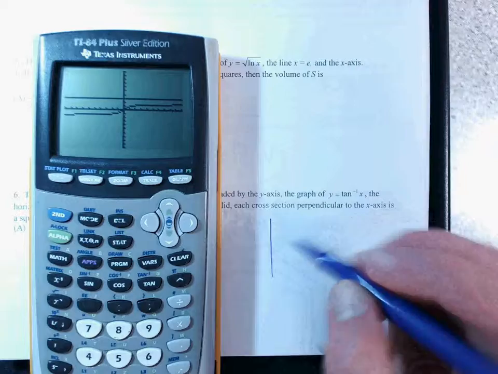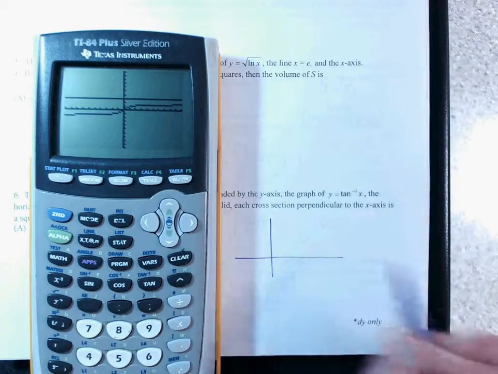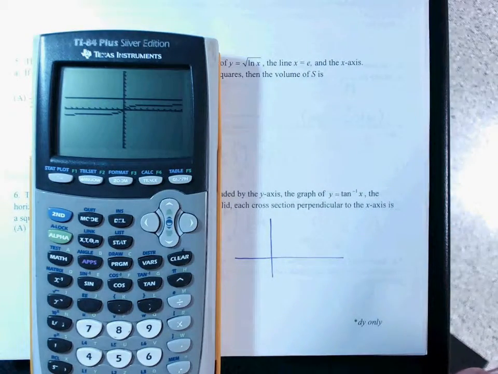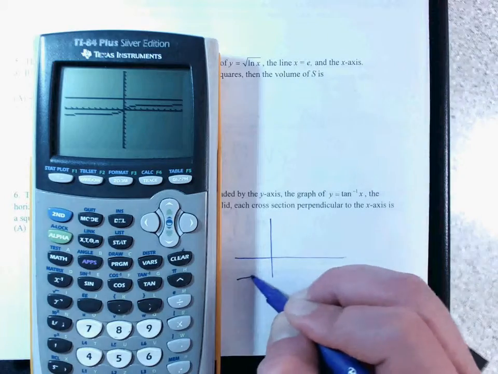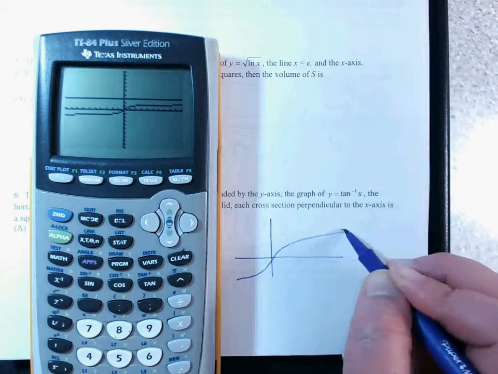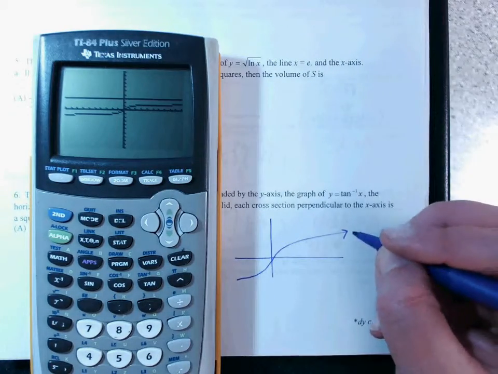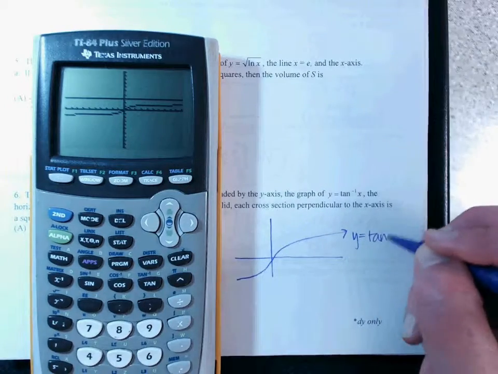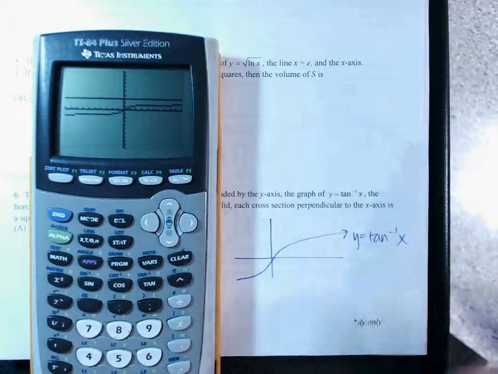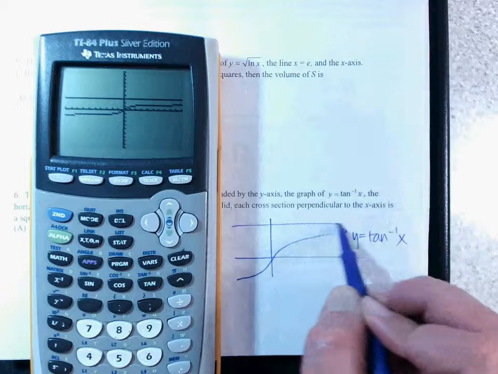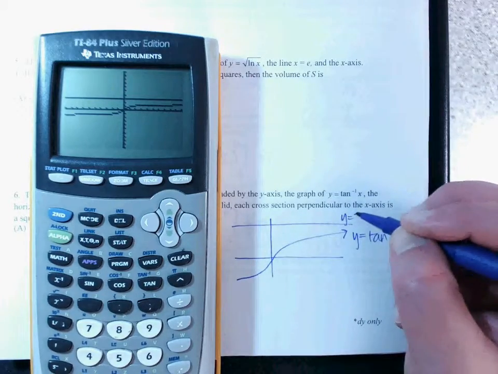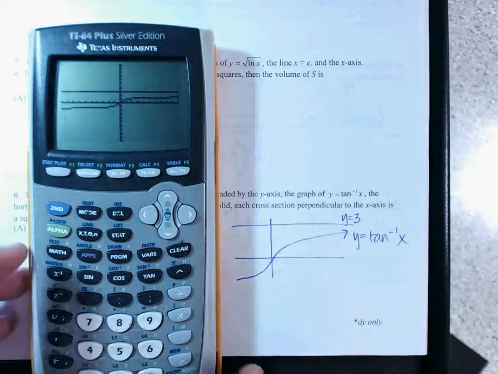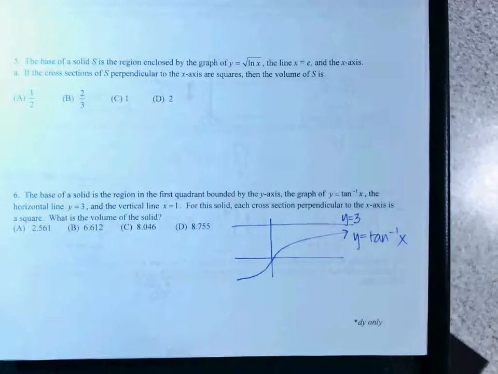Now, eventually, are these graphs going to touch? Yes, probably. Do I care if they touch? No. Okay, this is y. So there's my inverse tan x. And then y equals 3 was up here. Remember that as long as I know the region that I'm integrating on, it really doesn't matter if they cross or not.